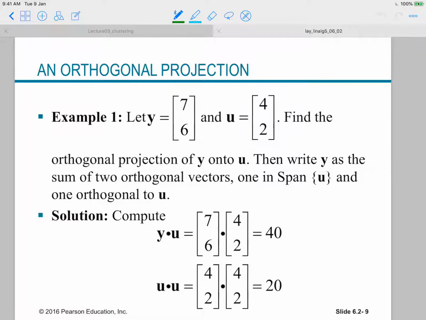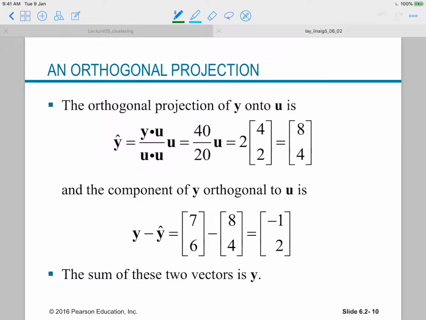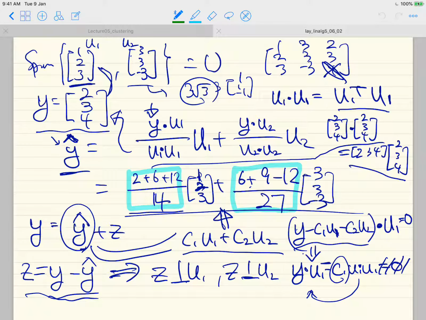Okay, so in this example, we can easily compute their orthogonal projection. Even though we didn't verify it, this is y hat, right? And then you can just compute it as a final three-dimensional vector. And then you can easily compute this z by just subtracting y hat from y.